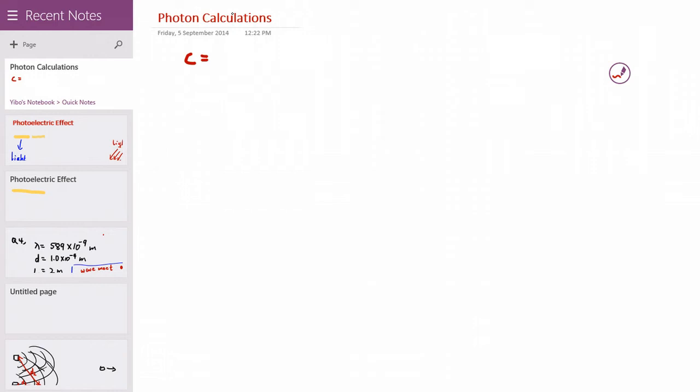Its speed is the speed of light, which is 3.0 times 10 power of 8 meters per second. And this number cannot be changed. Light always travels at the speed of light. There won't be any acceleration, there won't be any deceleration, and that's it.